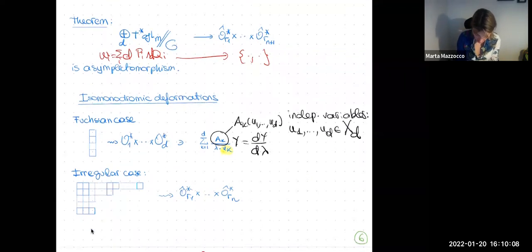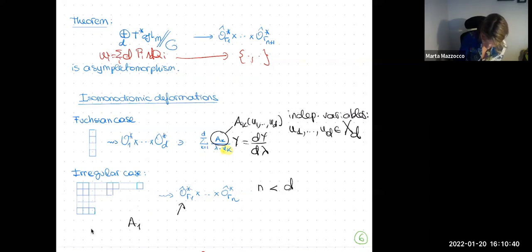What happens in the irregular case? Now we have a much more complicated situation, because here we have fewer poles, okay? We have only N. I remind you that N is smaller than D. And in each of these orbits I've got contributions. So for example, here I will have say A1 for the first orbit.